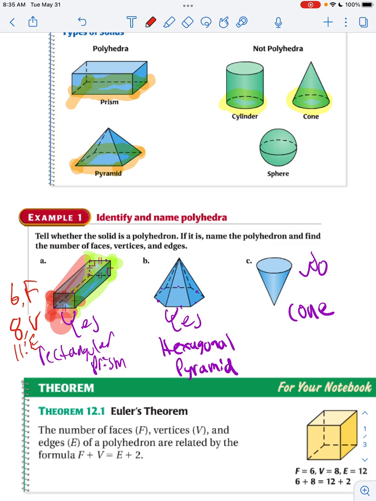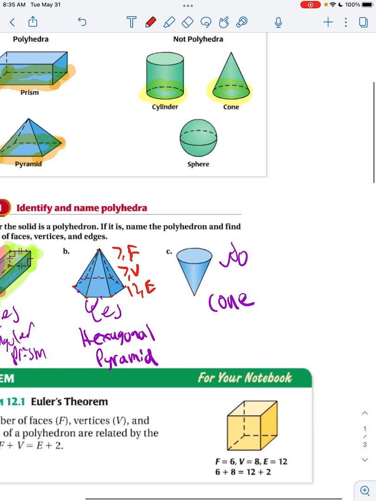So I have the bottom, and then each side is a face. So that's going to give me 7 faces. Vertices, 1, 2, 3, 4, 5, 6, 7 as well. And my edges, 1, 2, 3, 4, 5, 6 on the bottom, and 1, 2, 3, 4, 5, 6 moving up. So that gives me 12 edges.